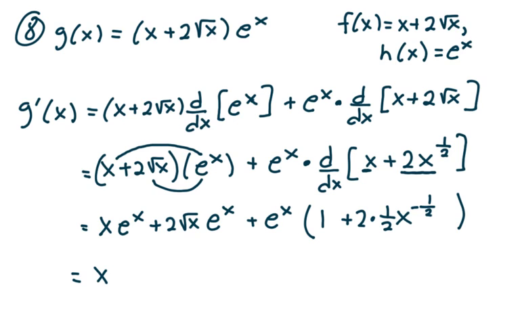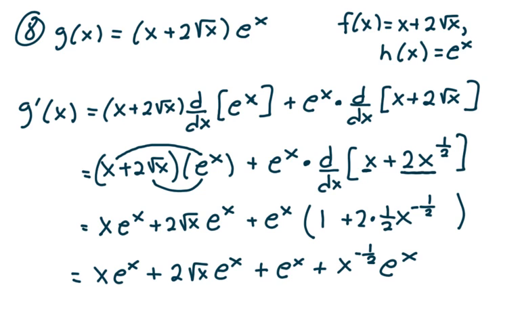So this is x e to the x plus 2 root x e to the x plus. Now I'm going to distribute the e to the x in, and then also remember that half of 2 is 1, right? So I get e to the x plus x to the negative 1/2 e to the x, like this.